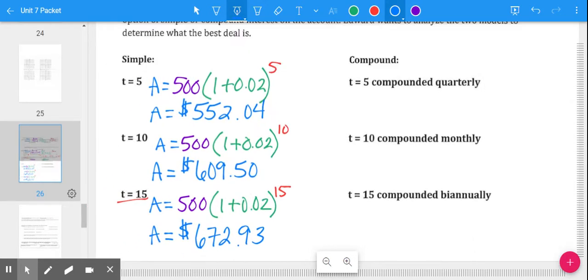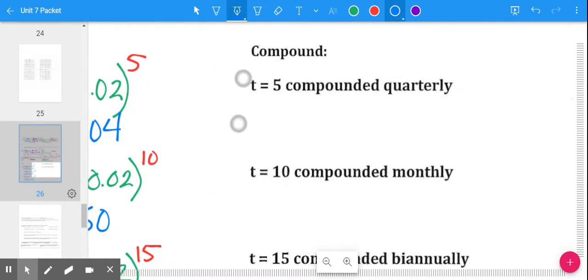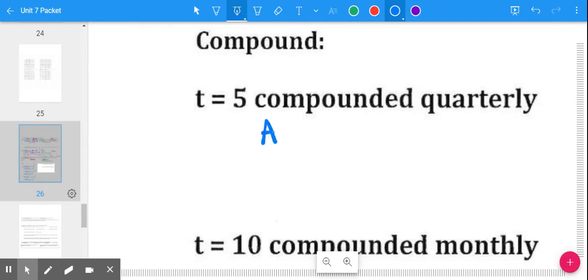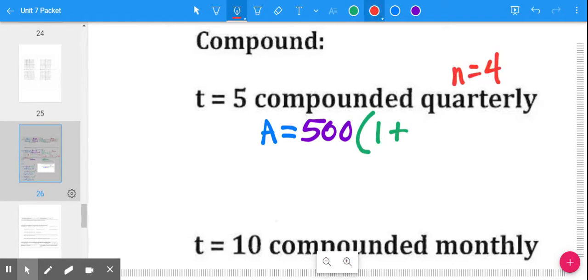So then if we look at the compound interest, this is where things change a little bit. We still have almost the same formula. So we have A equals, the principal is 500. We have 1 plus because we're still earning. But this is where things change. We have this word quarterly. That means 4 times a year.